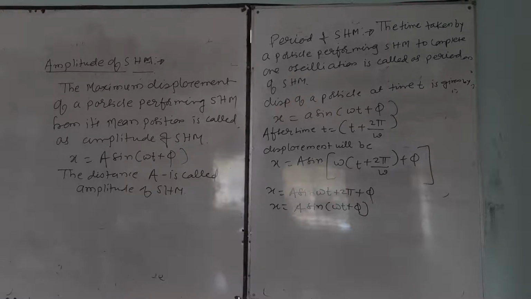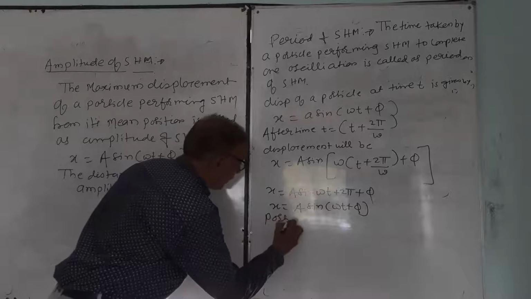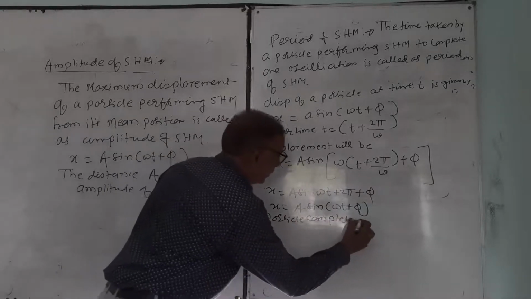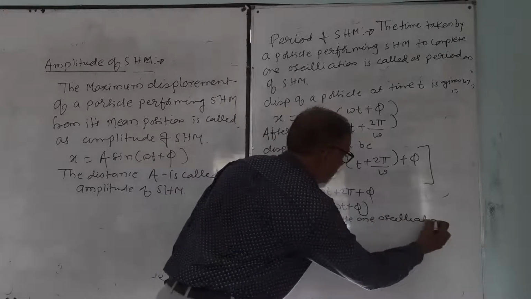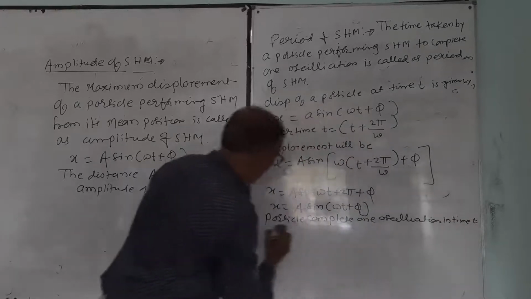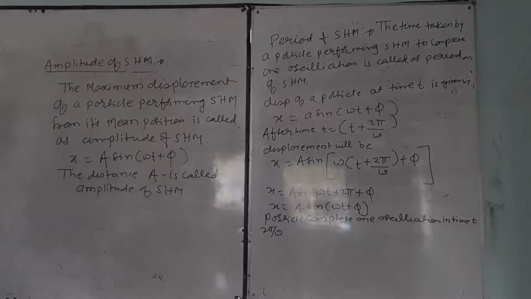The particle completes one oscillation in time t is twice pi by omega.